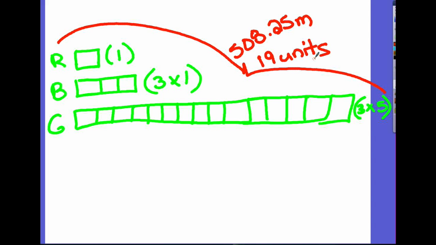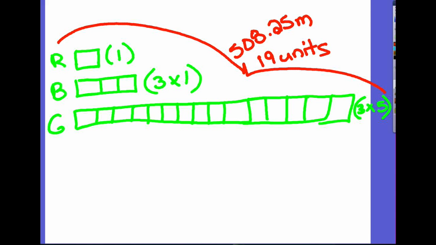You would divide 508 and 25 by 19. Okay, good. 508 and 2500 meters divided by 19.